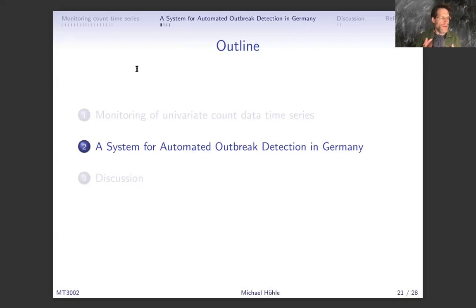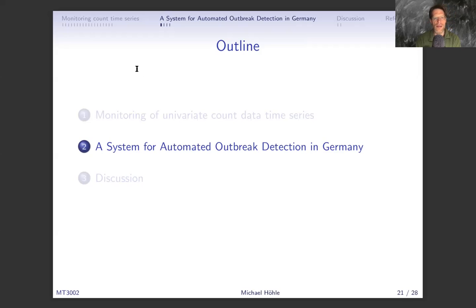Another reason I wanted to show this is that this Farrington algorithm, with some modifications, is actually the backbone of the automated outbreak detection algorithm in Germany, and also in Sweden. There's a system running in Sweden, I think it still is running, I think it's called CASE, which uses the algorithm of Farrington as part of looking at individual time series.